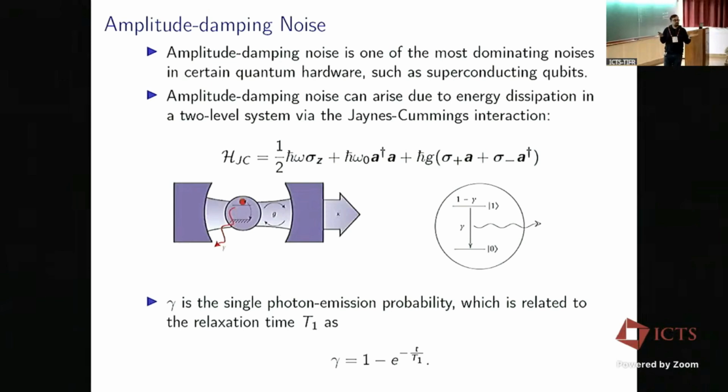When the system and the environment interact under the Jaynes-Cummings interaction Hamiltonian, the population from the 1 state comes down to 0. So with probability gamma, some photon or some population may get annihilated. This is related to the T1 relaxation time, with this formula. So gamma is called the damping strength.